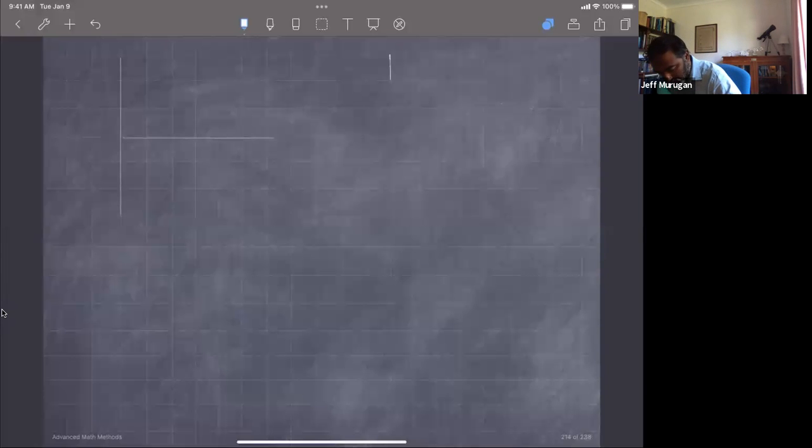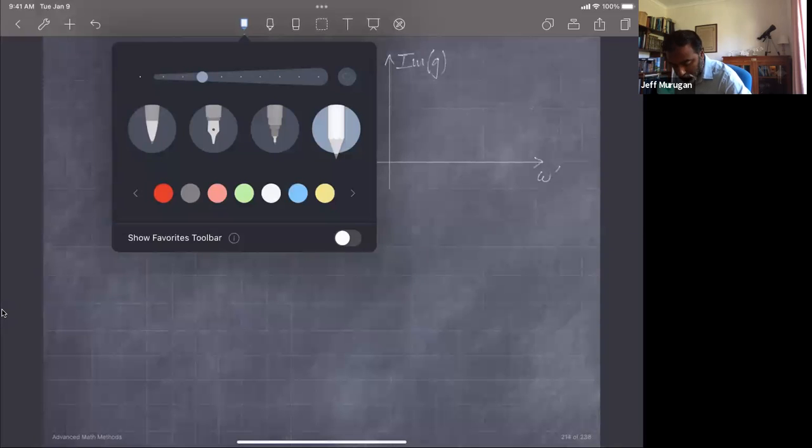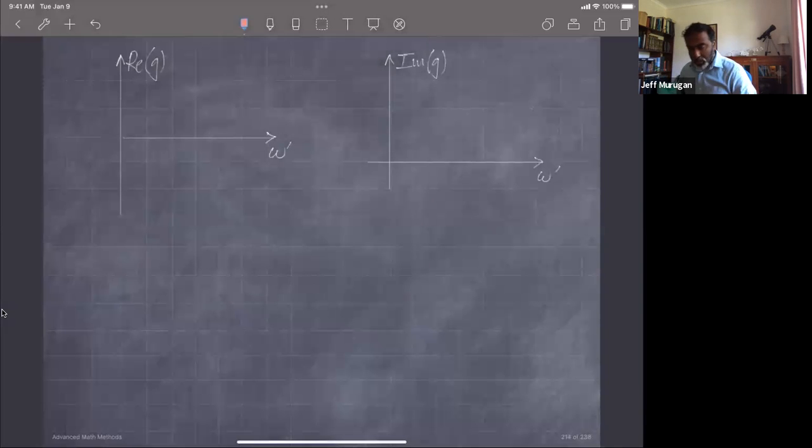This will be omega prime, and this will be the real part of G and the imaginary part of G. You can plot what this looks like by yourself, but you will see that it'll come out to be something like this.